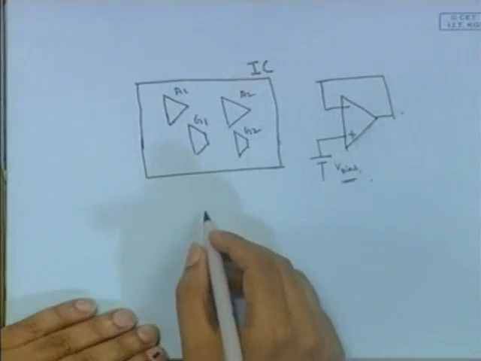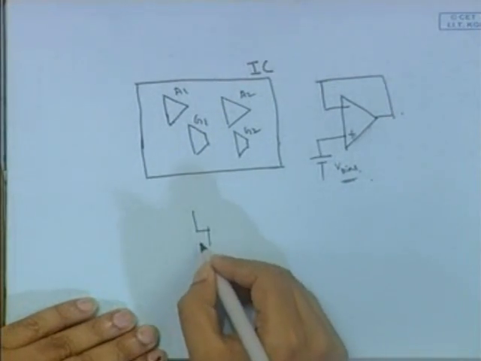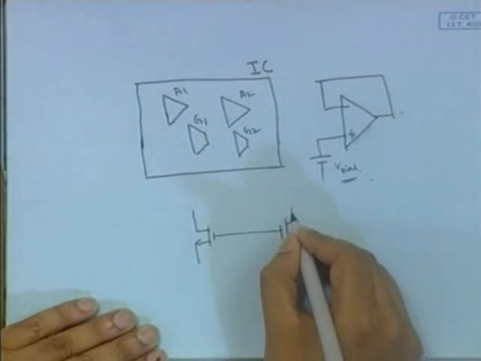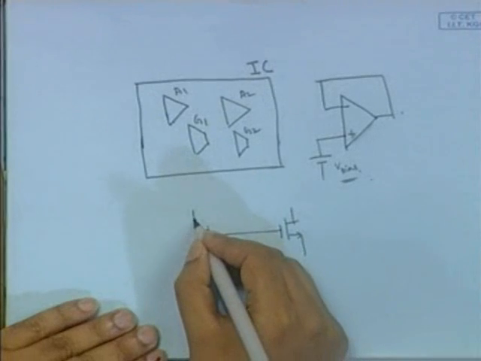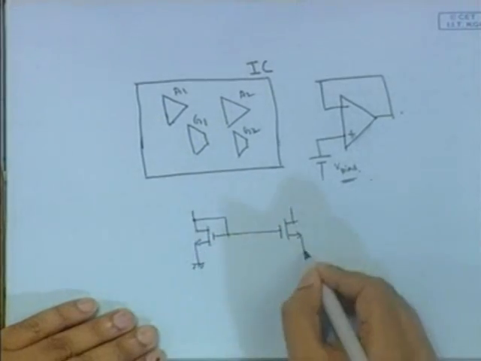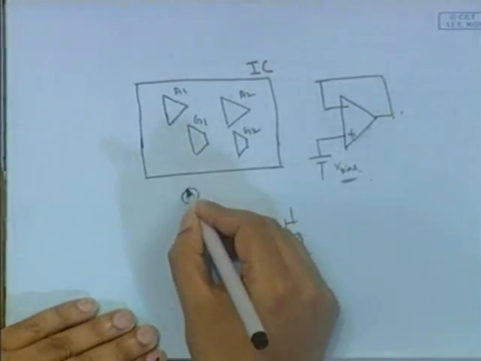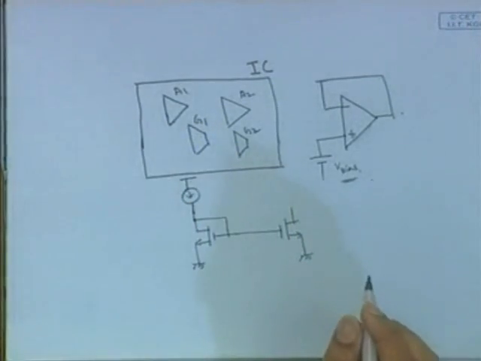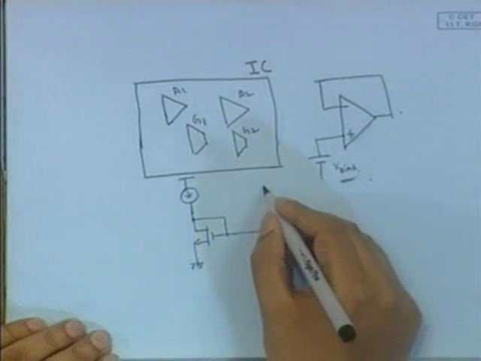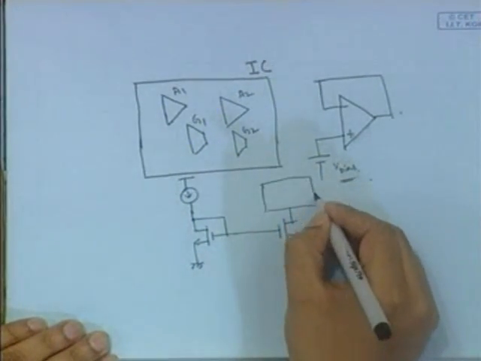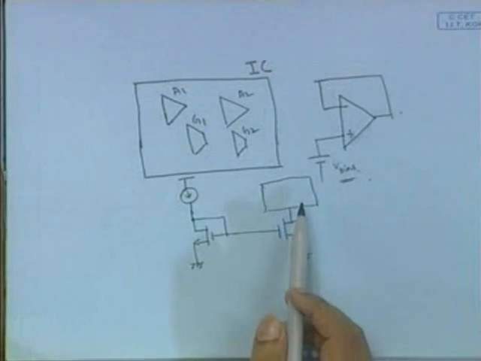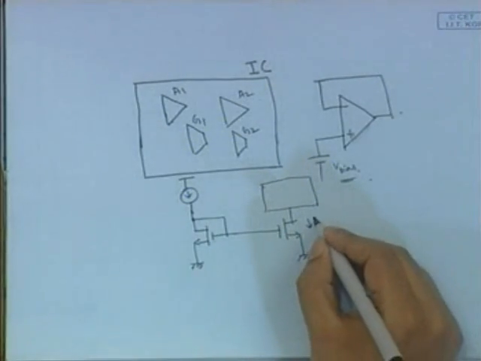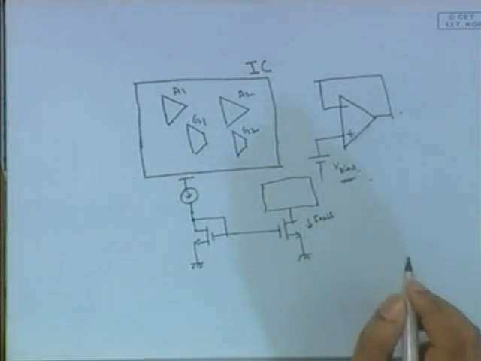Again, when you look at the internal circuitry, suppose you want to implement a current mirror. When you want to implement a current mirror, suppose there lies your actual amplifier circuit, and you need to set a proper I_bias here, right?